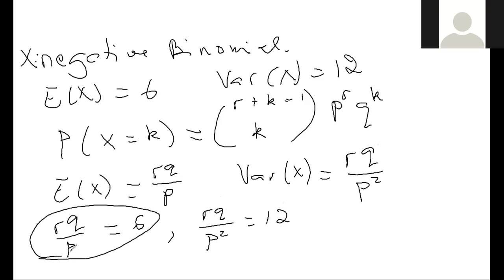So from here, you can see that rq is equal to 6p. Can you use this to find p? What will be p?